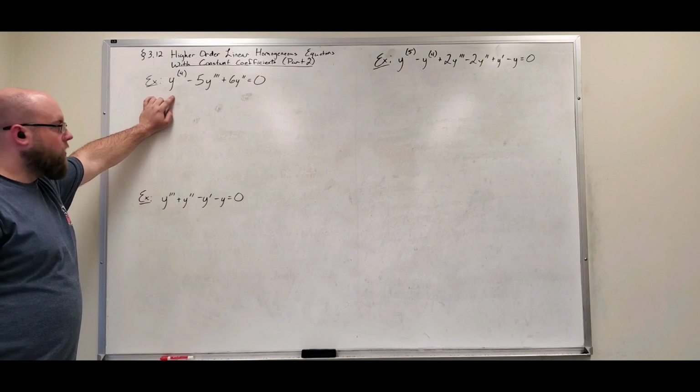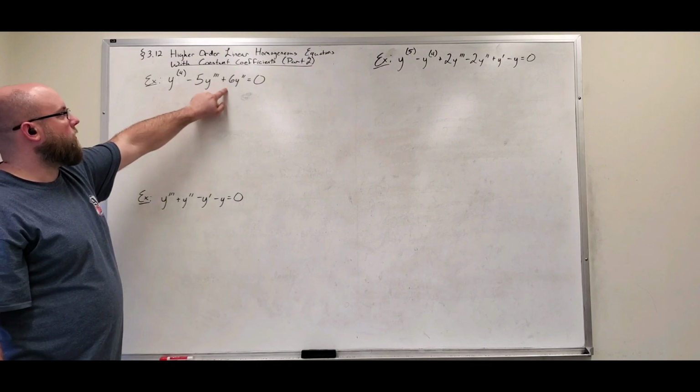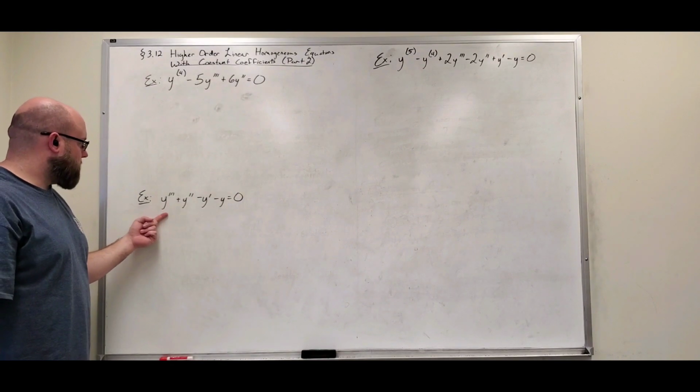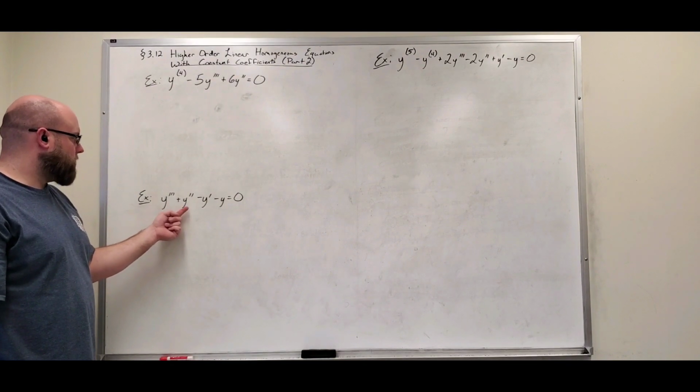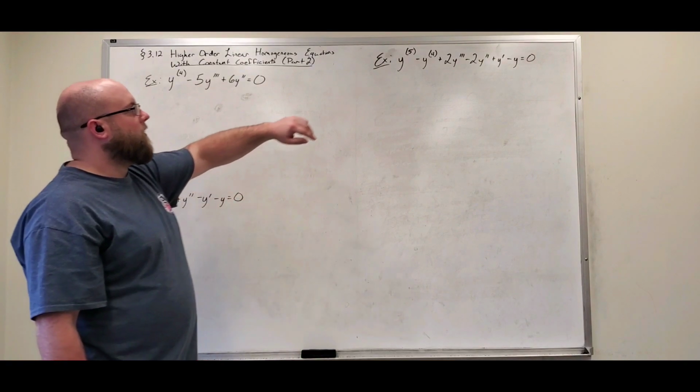We have a 4th order: y to the 4th derivative minus 5y triple prime plus 6y double prime is equal to 0. Our next example is y triple prime plus y double prime minus y is equal to 0.